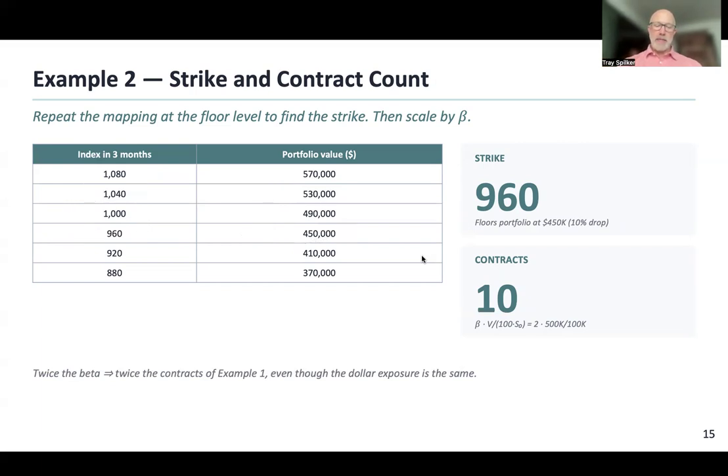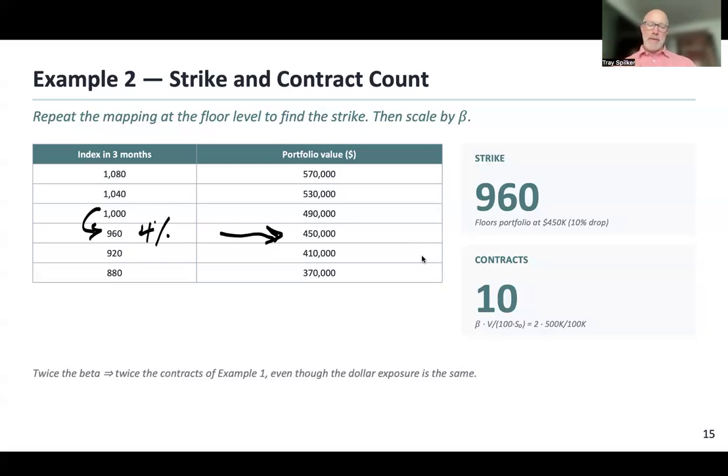You can very easily see that a fall from 1,000 to 960, that's a 4% move. And yet it represents a 10% loss on the portfolio, effectively. And that's a function of the beta of the portfolio, because we have a beta of 2, it amplifies a loss, but the dividends fortunately offset it a little bit, so it's nonlinear in that regard.